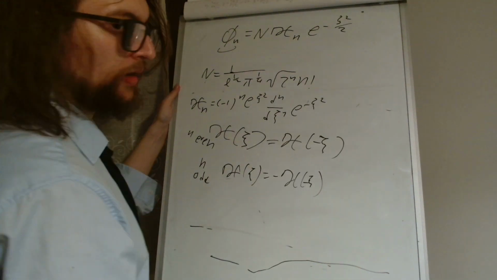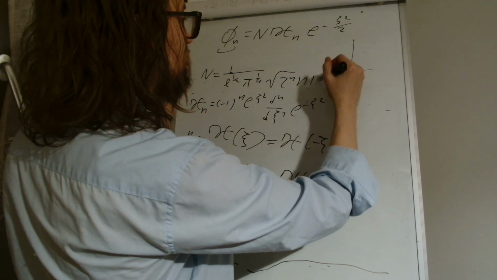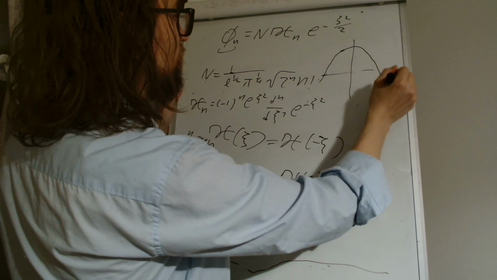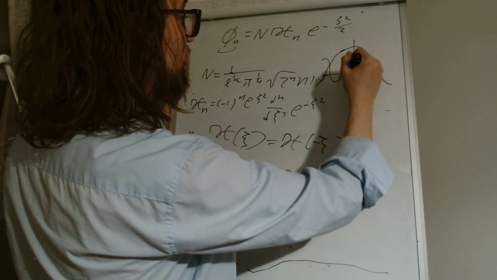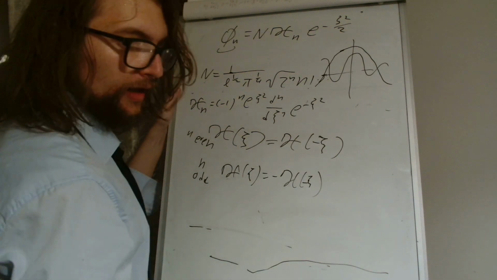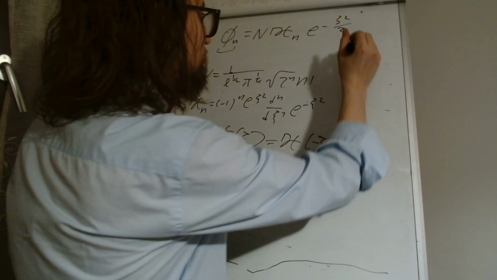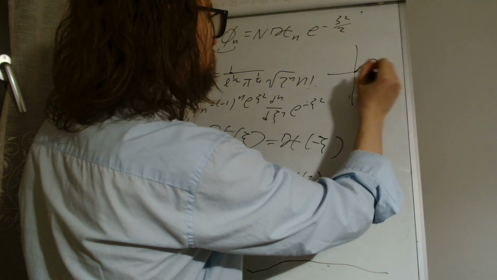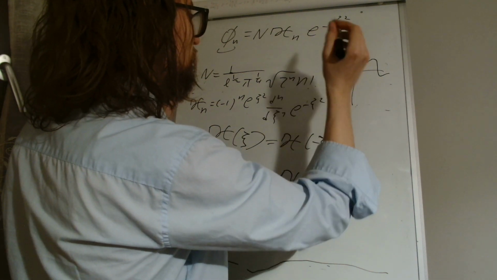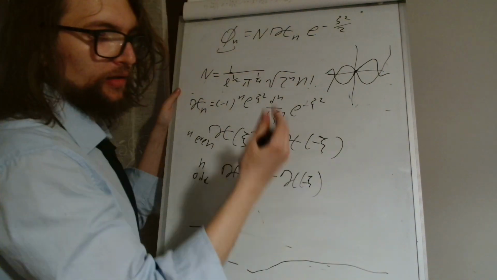So for even n, we will have something symmetrical like this, or like this. Instead, for odd n, we have something anti-symmetrical, which passes through the origin and does this, or also this, and so on.